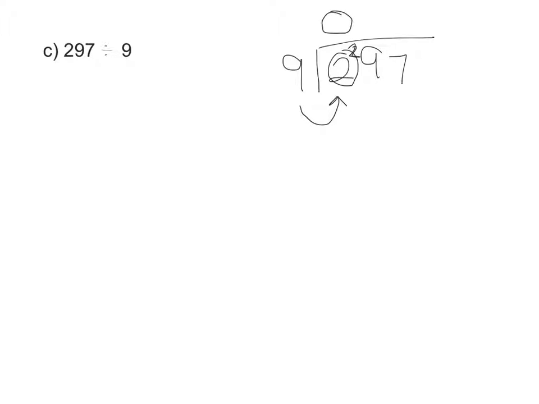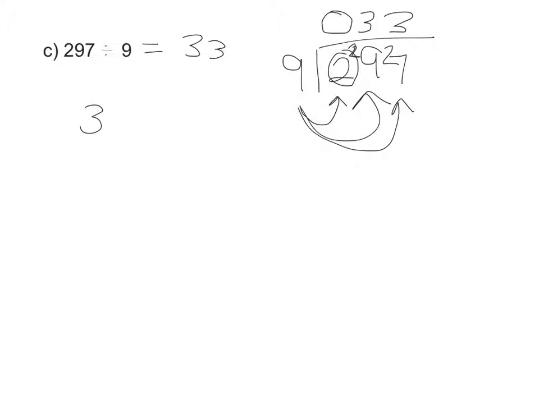How many 9s go into 29? 3, remainder 2. And how many 9s go into 27, which is 3. So your quotient is 33. Again, if you wanted to check, you could do the inverse, 33 multiplied by 9, and check that you did indeed get 297.